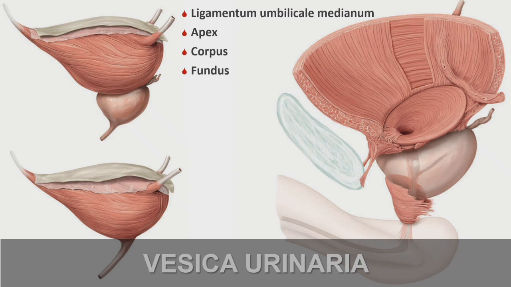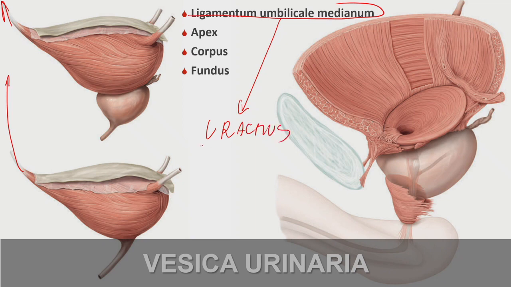I have said that from the apex rises the ligamentum umbilicale medianum. This is a remnant of the so-called urachus. The urachus is a part connecting the urinary bladder with the allantois, a developmental space where the primitive urine in a fetus is excreted.